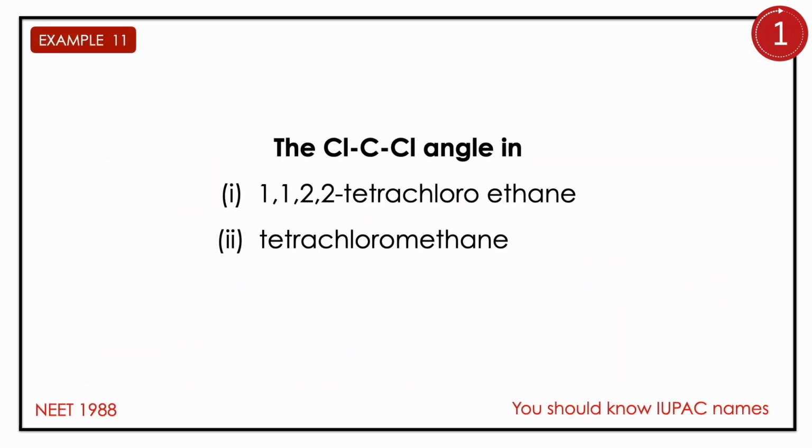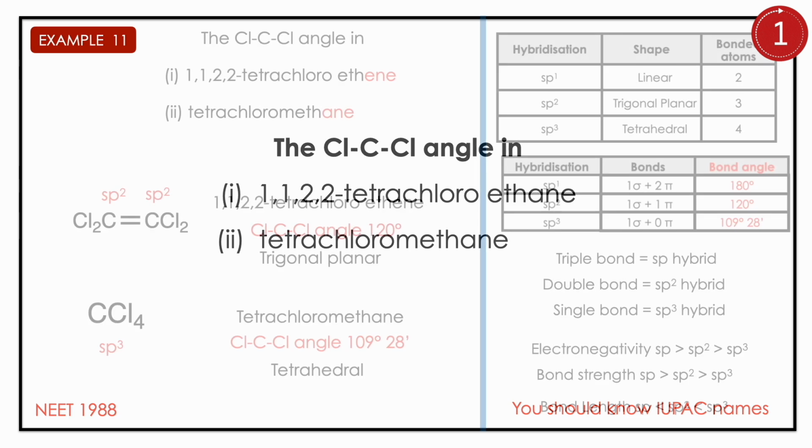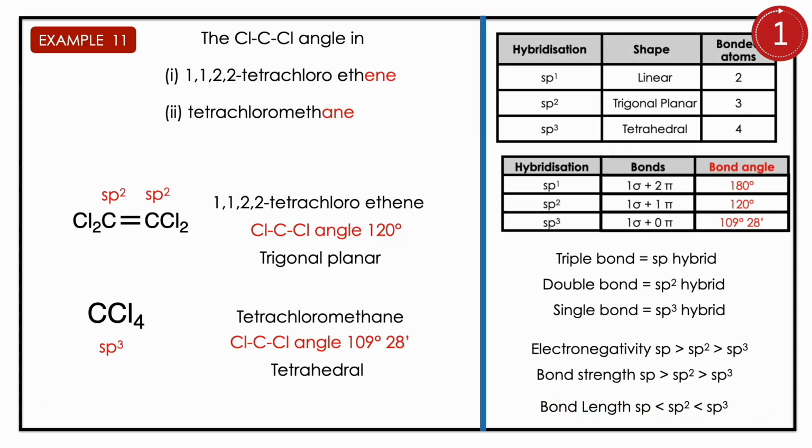Then the next question: the chlorine-carbon-chlorine bond angle in two compounds, 1,1,2,2-tetrachloroethene and tetrachloromethane. You should know the bond angle. We have seen a similar problem, but the point here is that you should know how to convert an IUPAC name into a structure.